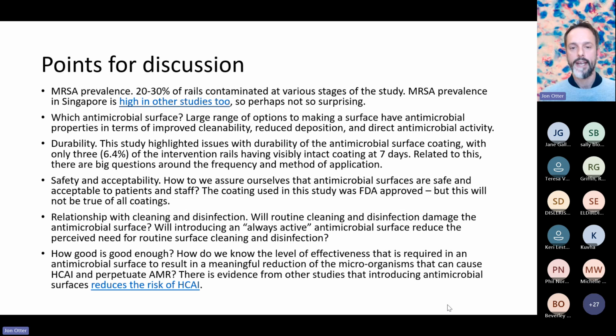I don't think we're ever going to have an antimicrobial surface that does that to microbial contamination in a hospital setting, because that would probably not be safe for patients or staff to be touching and interacting with regularly. So I think we'll probably have to accept that they will reduce the level of contamination, but they won't keep it close to sterile. So then the question becomes, how far do you need to go? What's the level of reduction that you need in order to translate into a significant reduction in healthcare associated infection risk?